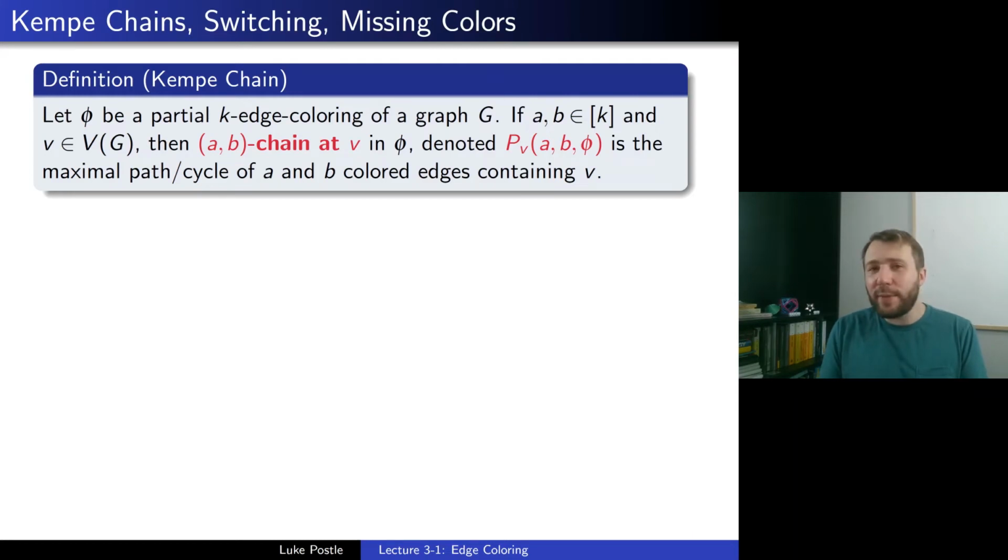And if there are no edges colored A or B incident with v, then you just get v itself, which is a path on one vertex, 0 edges there. Otherwise, if you think about it, it'll be a path, or maybe a cycle if it ends up being a perfect AB cycle, and then it'd be an even cycle because A and B would alternate. So these are the options.